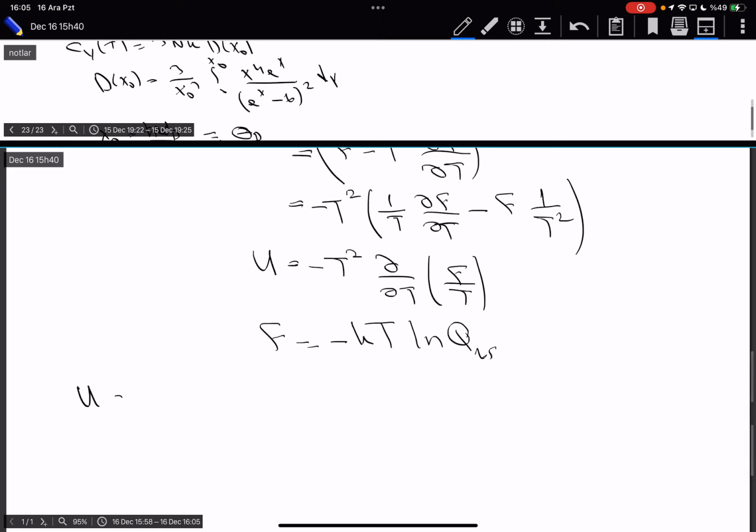So U is plus T squared k, the derivative with respect to temperature of the logarithm of Q1S. This is U1S, the energy of this S oscillator.